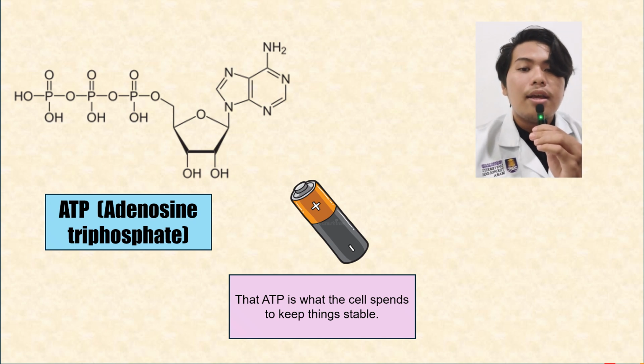Let's take a look at ATP, or adenosine triphosphate. ATP is what the cell uses in our body to keep things stable. To explain this further, let's imagine that ATP is like a battery.